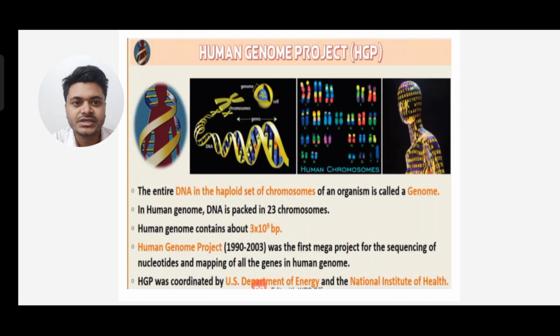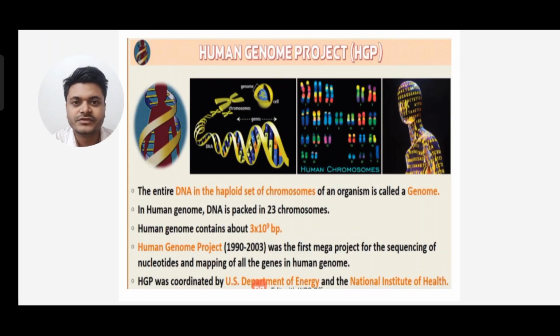The Human Genome Project was started in 1990 and ended in 2003, and it was the first mega project for the sequencing of nucleotides and mapping of all the genes in a human genome. It was a very big project, and in this project we could map the different genes in a chromosome.